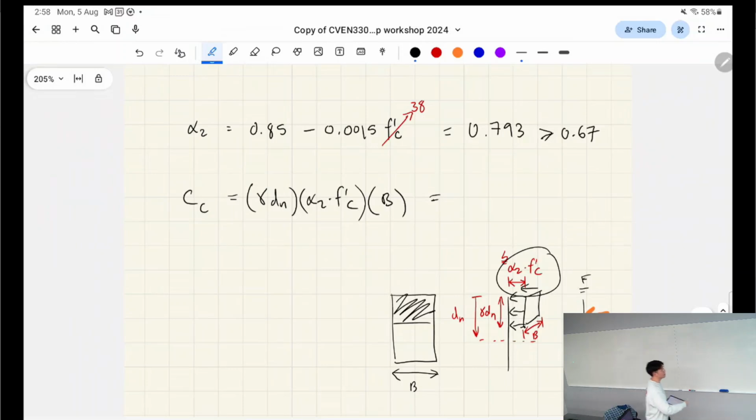So this is the stress magnitude. It's like for a beam when you have a distributed load, it's that magnitude of how much stress is acting on it, right? Whereas this gamma dn is this dimension of the concrete which is in compression, and then b is just the actual width of the concrete.